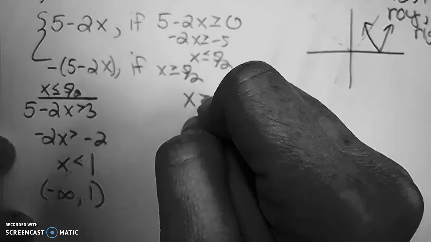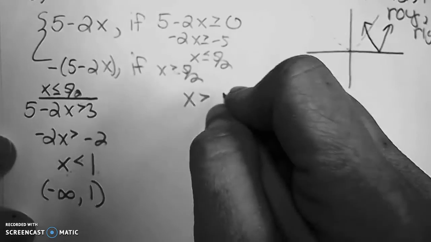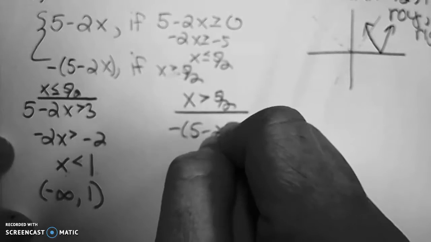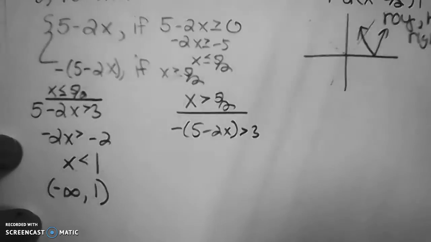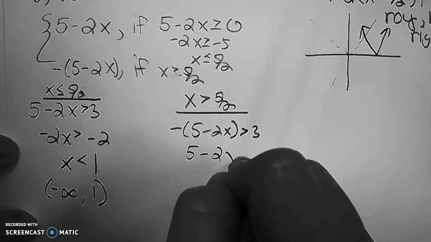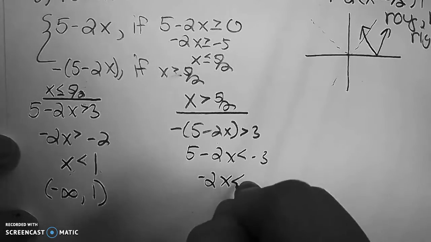For my other piece, oops, this shouldn't have had an equal to sign on it. X is greater than 5 over 2. I'll take the opposite of 5 minus 2x and set it greater than 3. I'll divide by a negative. Subtract.